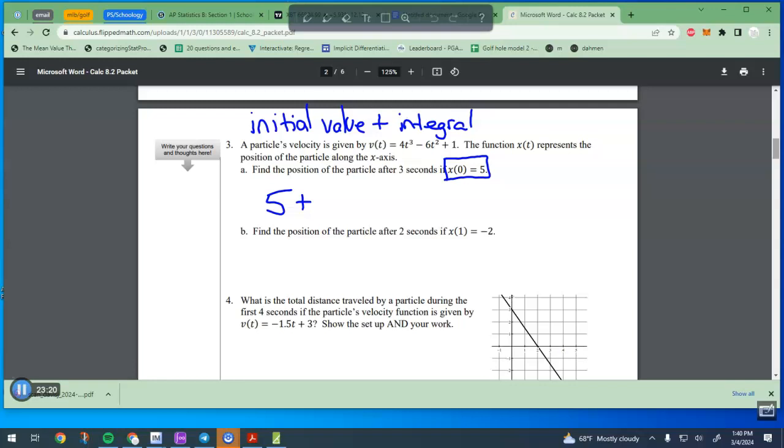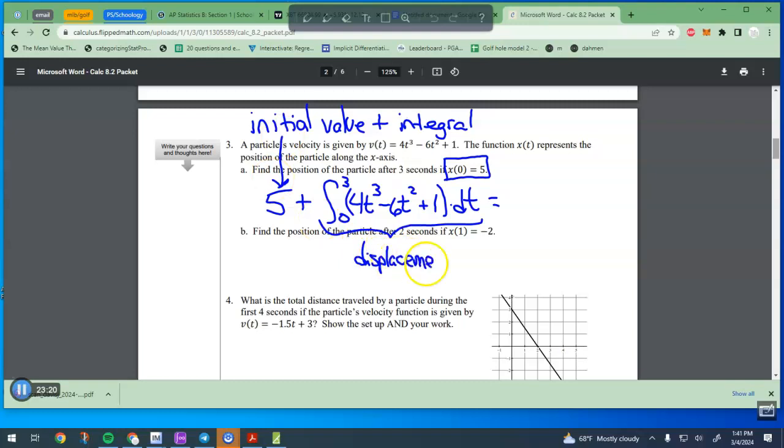And then for 3 seconds, it travels at this velocity. So to find out the displacement, I would just integrate it: 14 to the third minus 60 squared plus 1. I'm literally just doing that in my calculator and typing it in, and I'm good. So this is where it was at the beginning, my initial value. This will tell me how far it traveled. So you add that to the 5, and you get whatever it is.